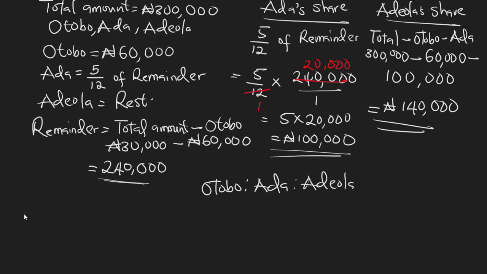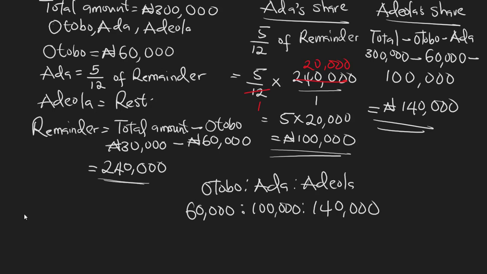Otobo's share was 60,000 naira. What was Ada's share? Ada's share was 100,000 naira. And Adiola's share was 140,000 naira. So 60,000 to 100,000 to 140,000.